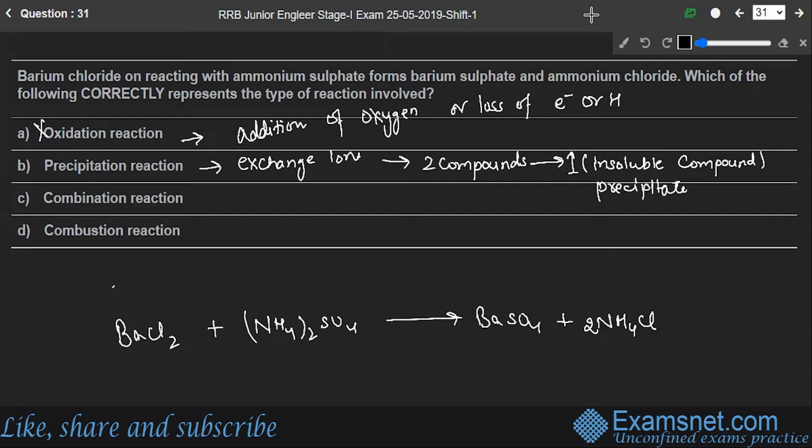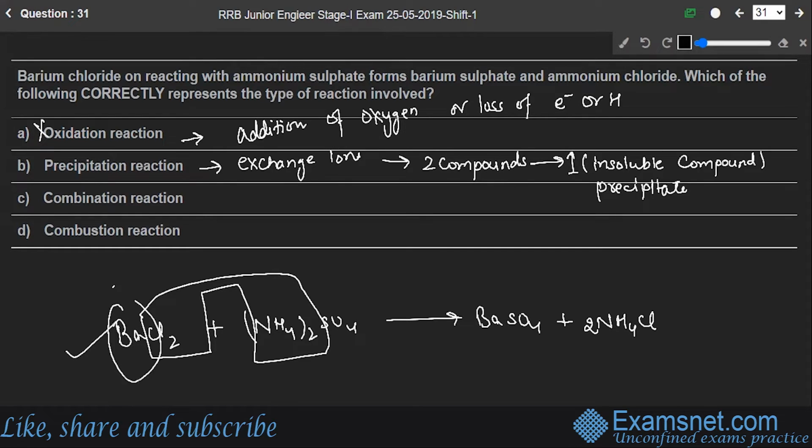This is also known as your precipitation reaction. Here the exchange of ions is taking place. Ammonium chloride and barium sulfate are formed, and this is your precipitation reaction. That means we have option B as the right answer.